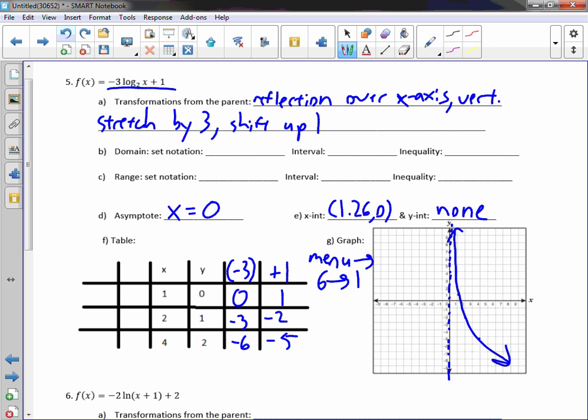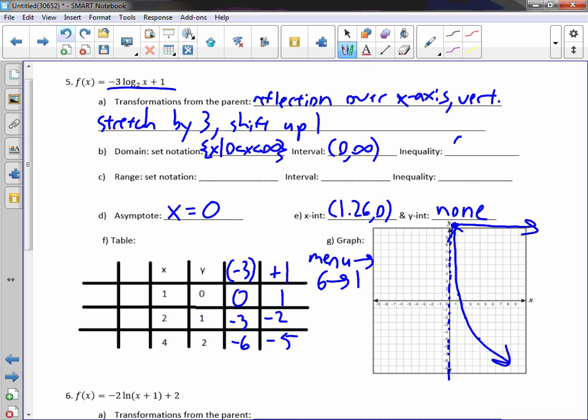So let's go into domain and range. Domain, we read left to right. The domain doesn't start over here. Notice the domain starts at the asymptote and goes that way. So our domain is 0 to infinity. In interval notation, it's 0 to infinity.